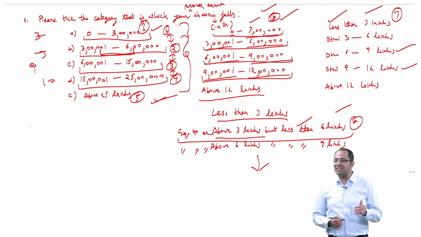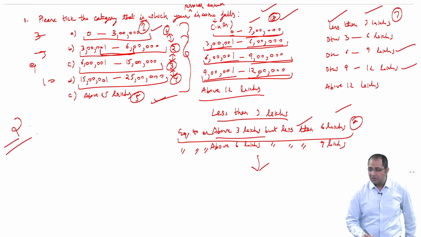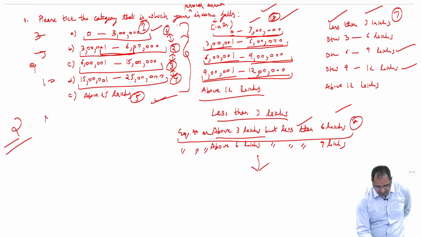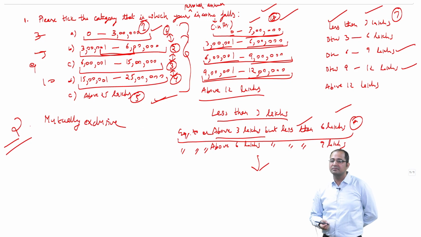Now if you look at these answer categories, there are two characteristics. One is that the categories are mutually exclusive, which means they don't overlap.